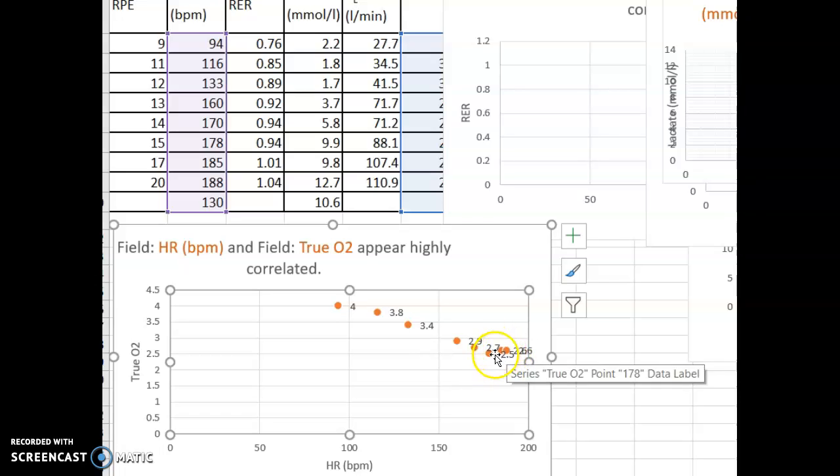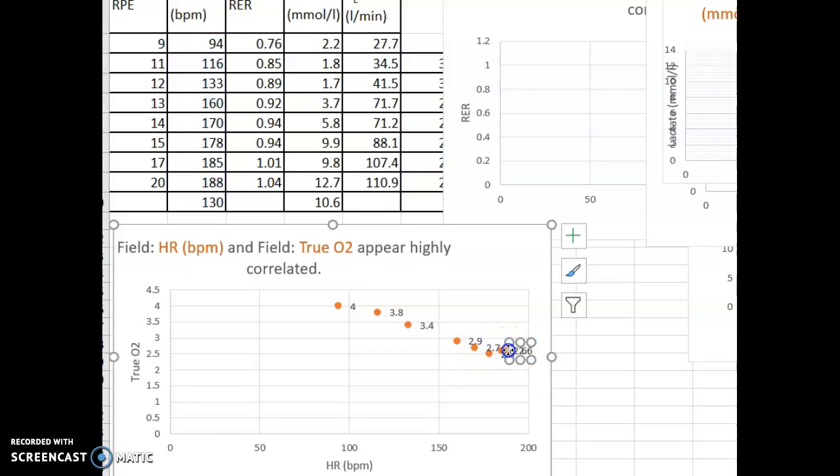So I think I would kind of take an average here between that 188 and maybe 170, where this is more of a flat line from 2.9 true O2 to 2.6. So I would take that average, and once again that falls really just under the 180 beats per minute range.